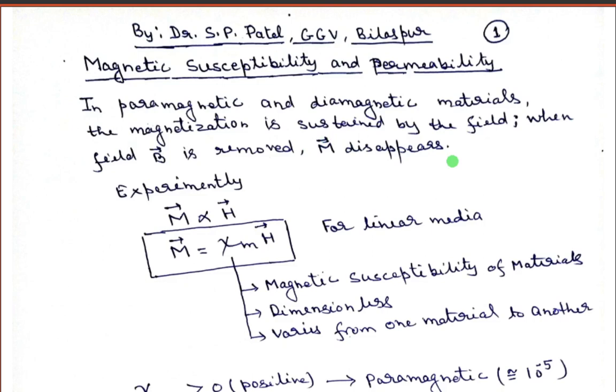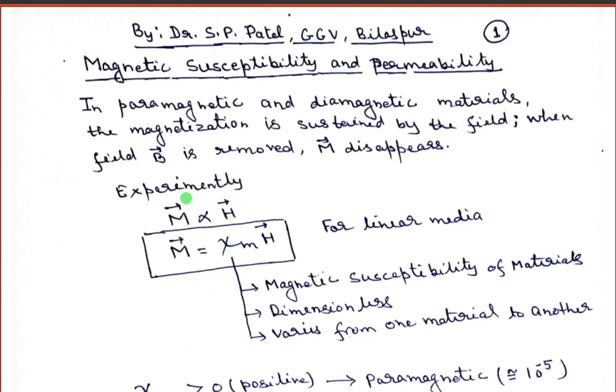Several experiments have been carried out by different researchers, and experimentally it has been found that this magnetization vector M is directly proportional to the applied magnetic field vector H. Remember, this is not B, please don't confuse the B vector and the H vector.